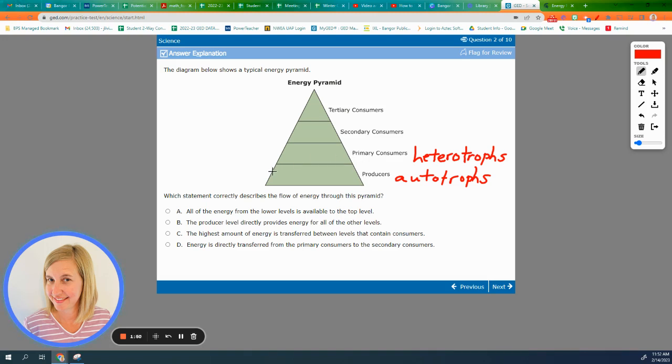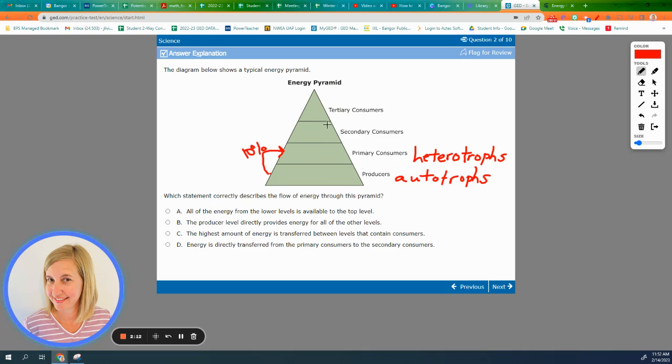that energy is transferred, but there is a loss of energy from one level to the next. So when you go from this level to this level, only about 10% of the energy of, say, the plants that this level of primary consumers eat gets transferred and stored in the primary consumers.